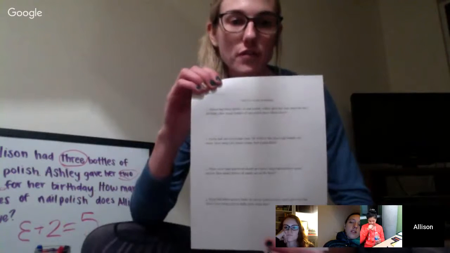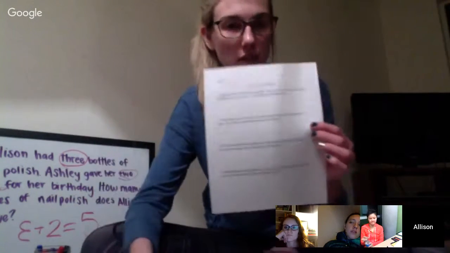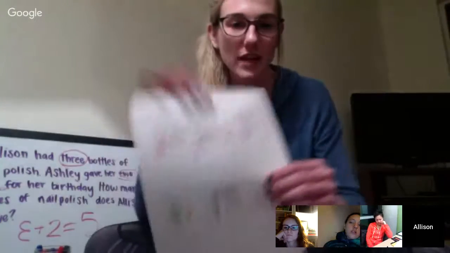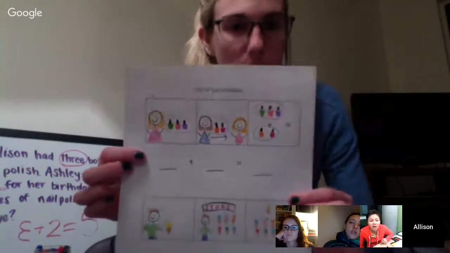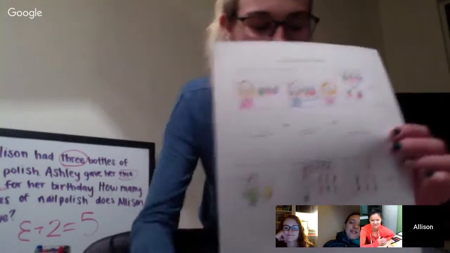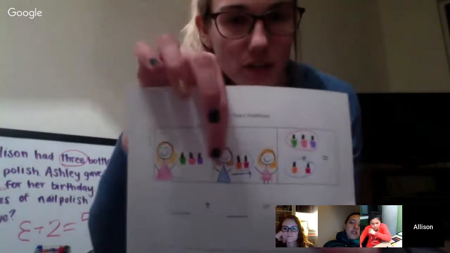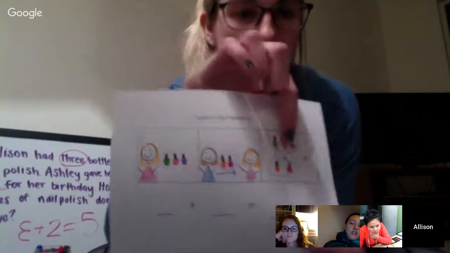But instead of a classic worksheet for students who have a specific learning disability, such as dyslexia and have a really hard time reading, I actually made comic strip story problems. Oh. So they're the exact same as the story. You can see that there's 3 bottles of nail polish, and then one girl gives the other one 2, and then we have to add them up.